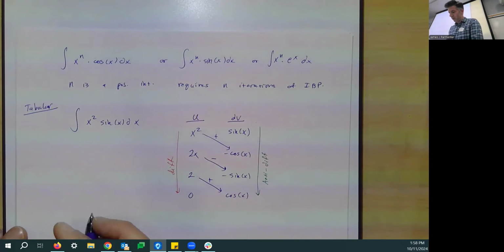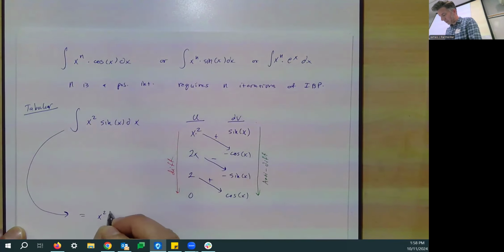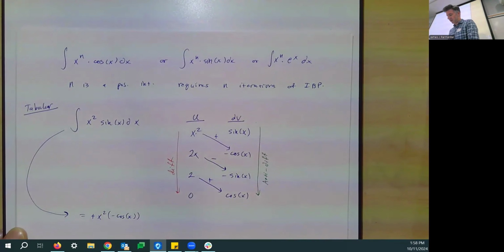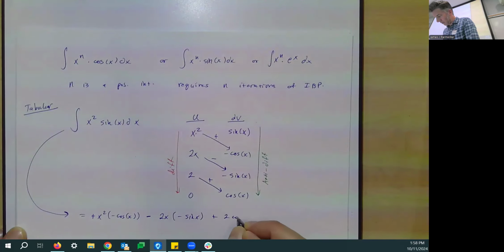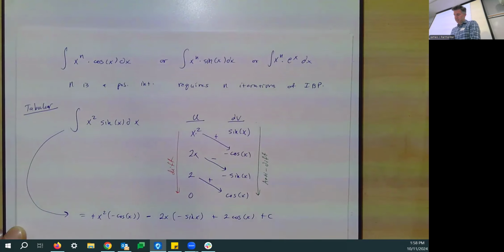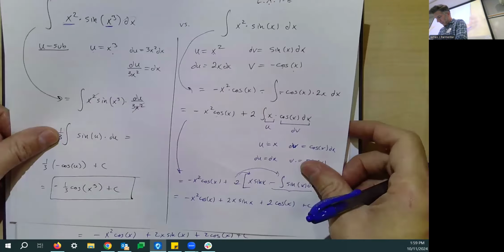So this integral is equal to plus x squared times negative cosine of x, minus 2x times negative sine of x, plus 2 times cosine of x, plus c. And we can simplify this because we're not barbarians. It's negative x squared cosine of x plus 2x sine of x plus 2 cosine of x plus c. And if we look back at the previous one we just did, it's the same.